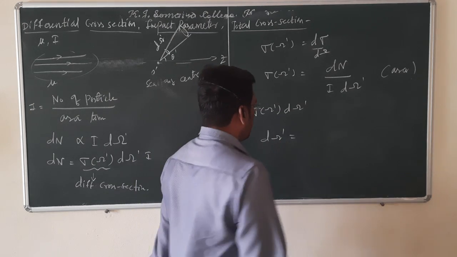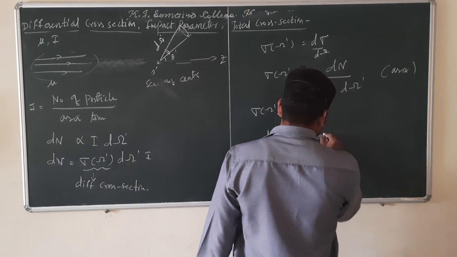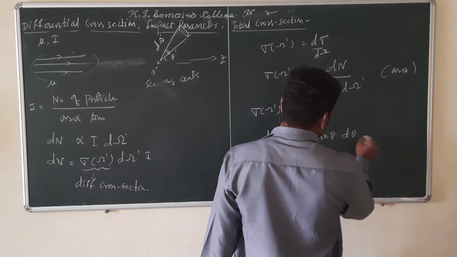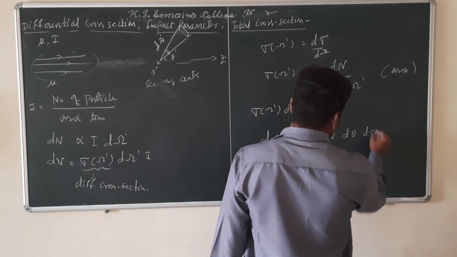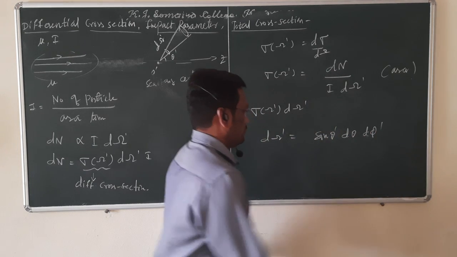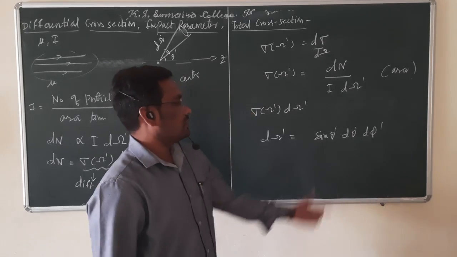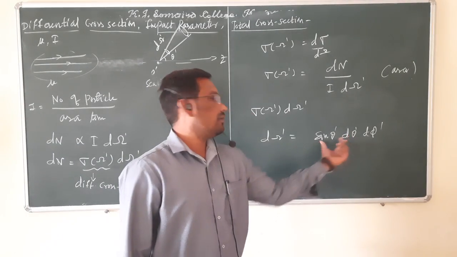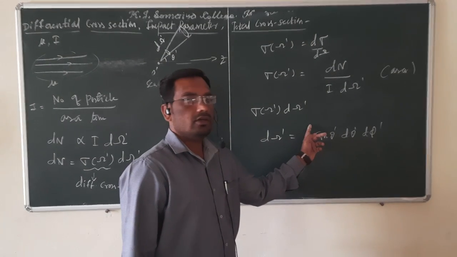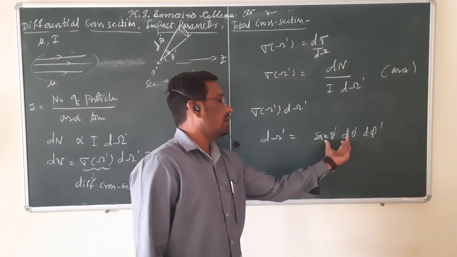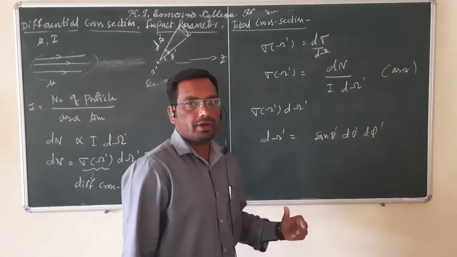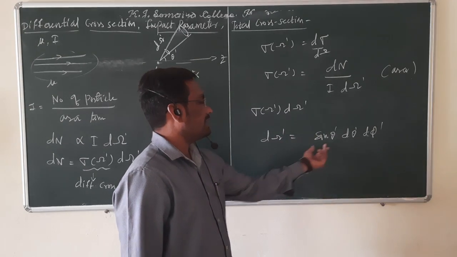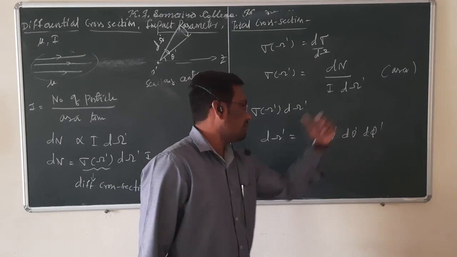That is nothing but sine theta dash d theta dash d phi dash. This is the volume element; if you multiply with r square, that is the volume element. You are taking only the angular part of the spherical polar coordinate system. So d omega dash is sine theta dash d theta dash d phi dash.